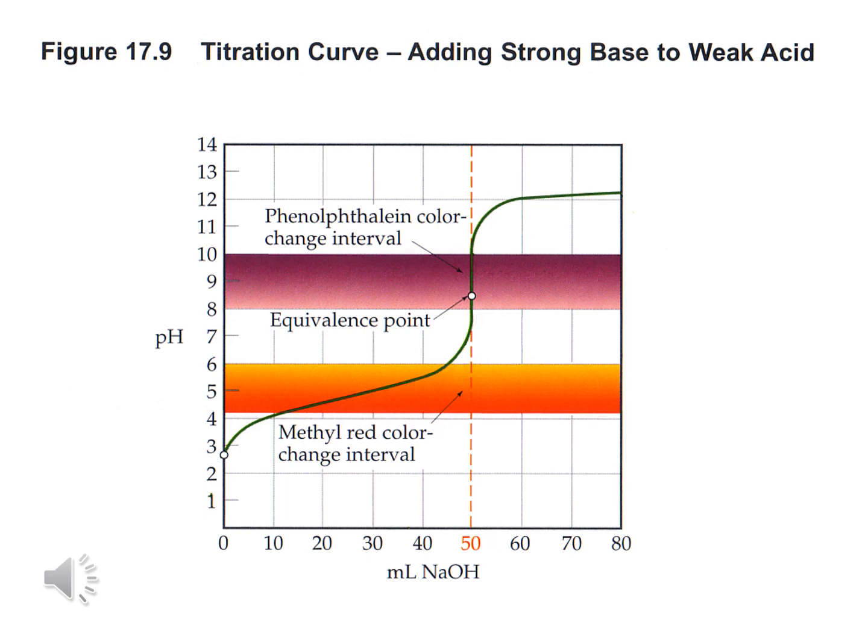If you look at the way the curve works, the vertical area is shorter because you're starting with a weak acid. The question is, if this is the pH changes, will methyl red work to indicate the end of this titration? And the answer is now no.